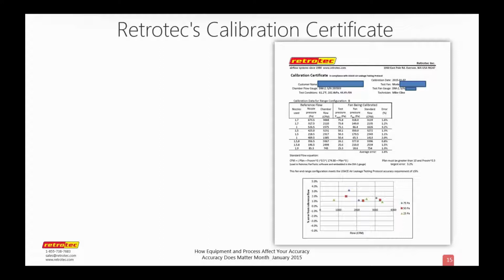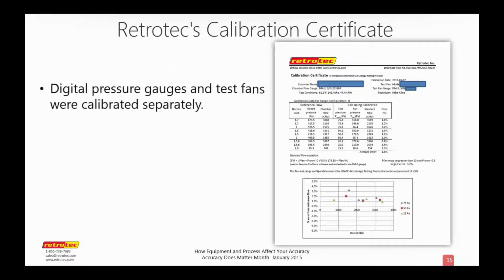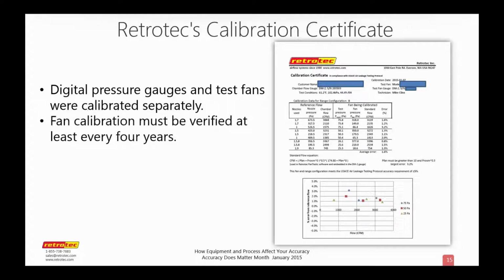I have redacted some of the personal information, but this is an actual certification. Digital pressure gauges and test fans are calibrated separately. The fan calibration must be verified every 4 years, according to our certification here, but I believe that is according to the code that applies.